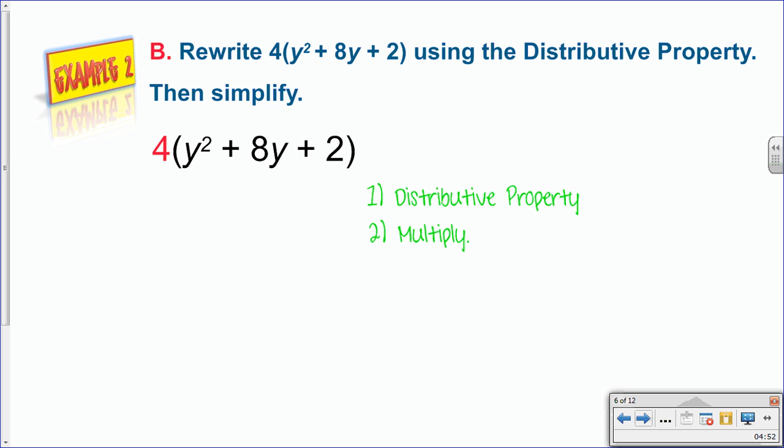Okay, so what's my outside term? 4, good. So multiply times the first term. 4y what? Squared. Squared, good. Multiply times the second term. Plus or minus? Good. And the last term?